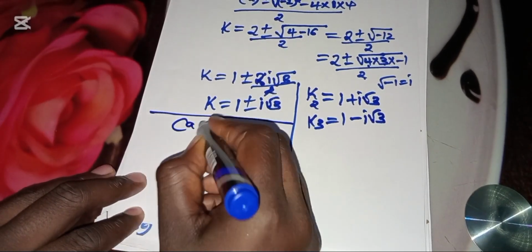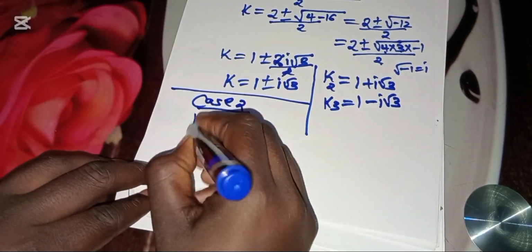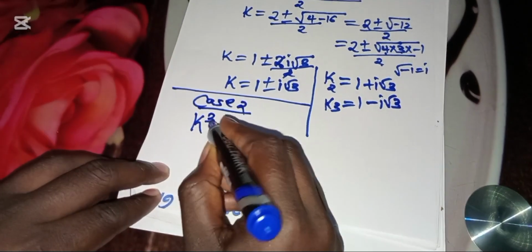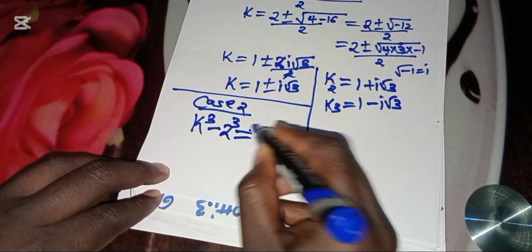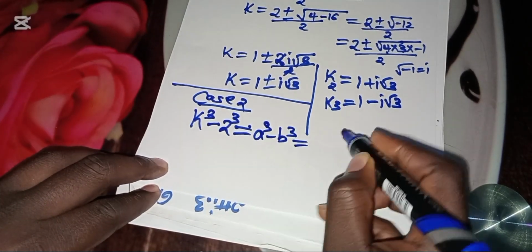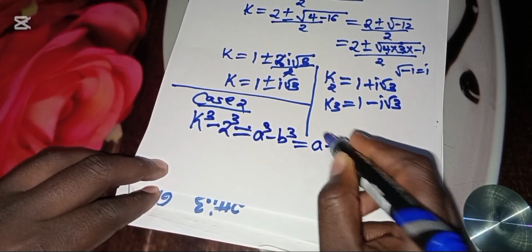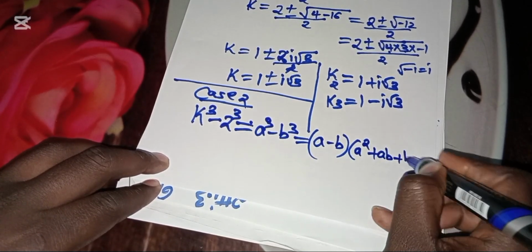For case 2, remember we have k cubed minus 2 cubed. This is in the form of a cubed minus b cubed, which is expressed as (a minus b)(a squared plus ab plus b squared).